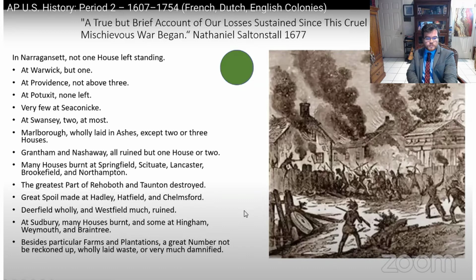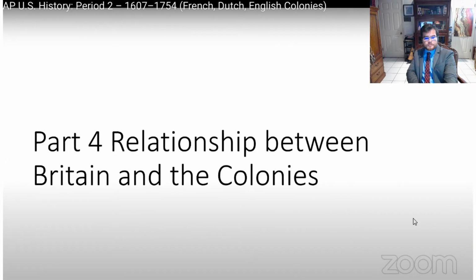Metacom, wreaking havoc, just dominating, and in the end, unsuccessful. But it's going to leave a lasting mark on American history and on relations between the colonists and the Native Americans. So instead of relationships between the colonists and natives, now we're going to look at relationships between Britain and the colonies.